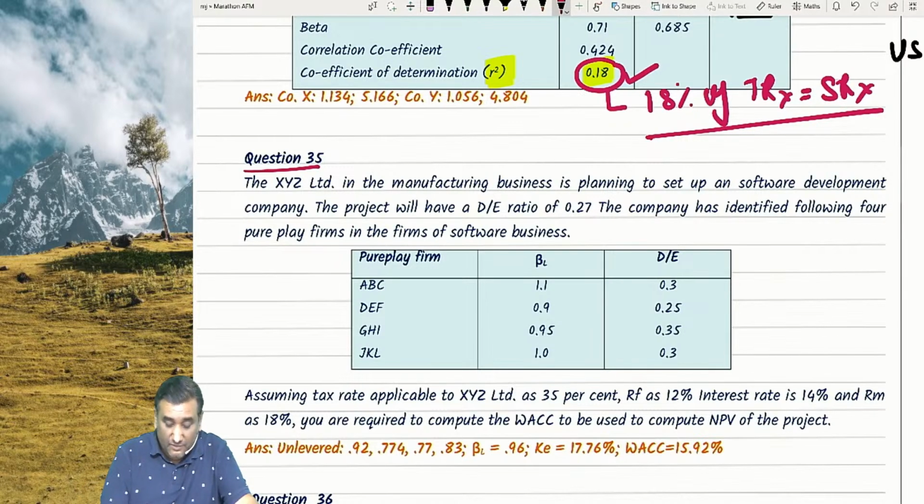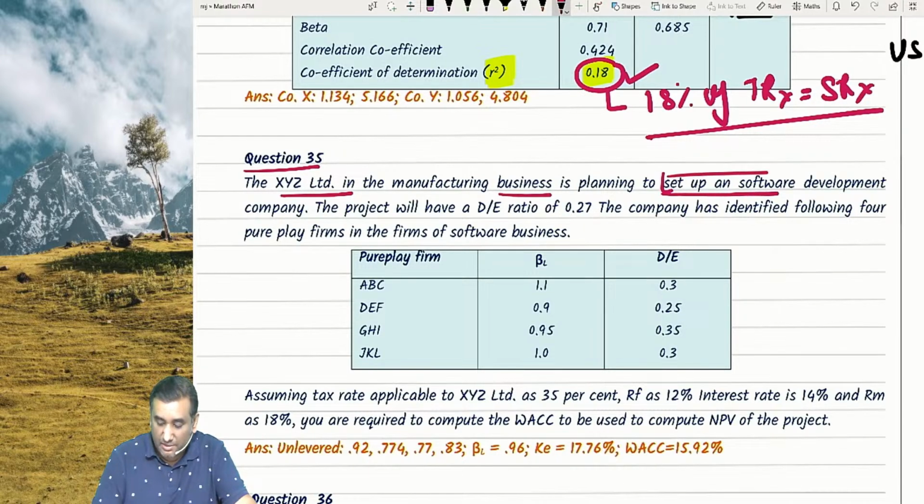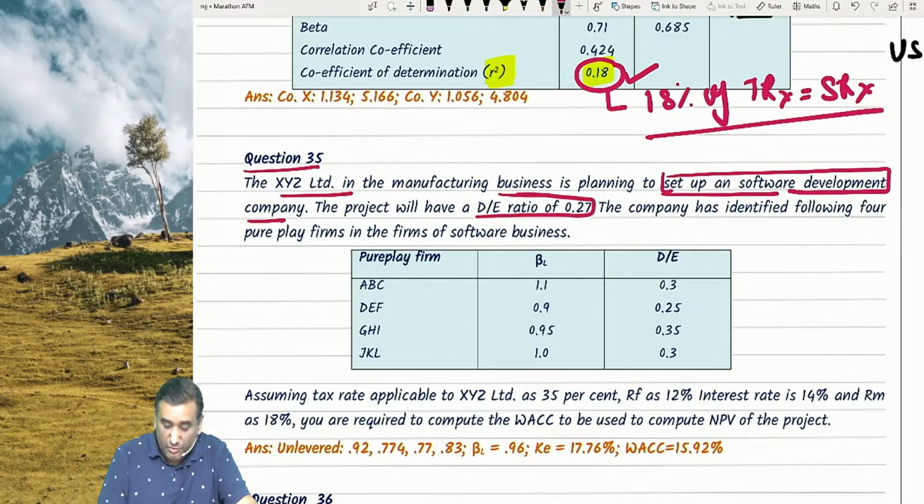It says XYZ Limited is in the manufacturing business, planning to set up a software development company. The project will have a debt equity ratio of 0.27. That's the debt equity ratio of the business which is planning a new setup.